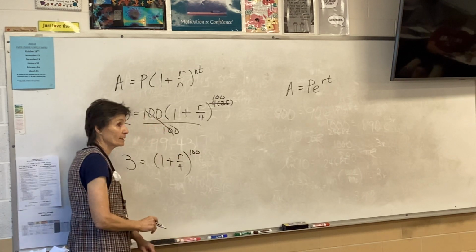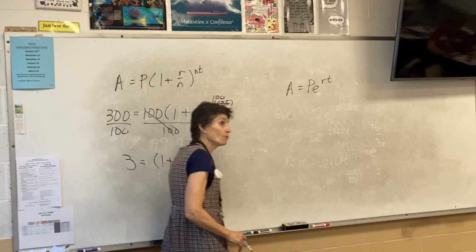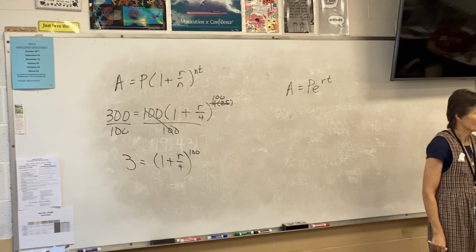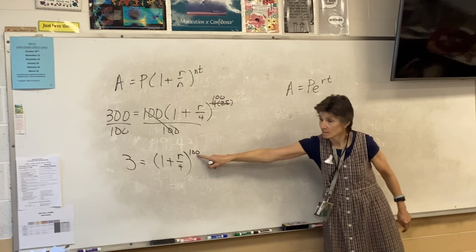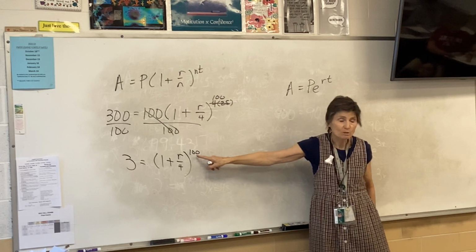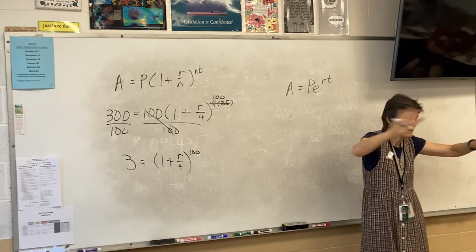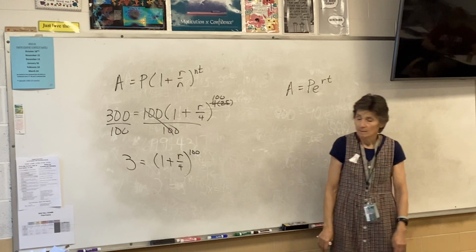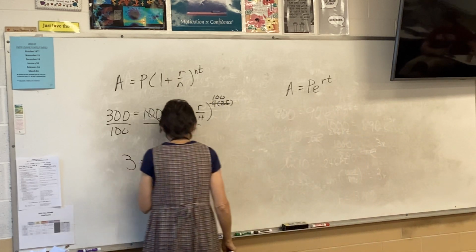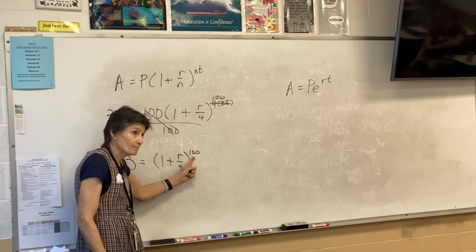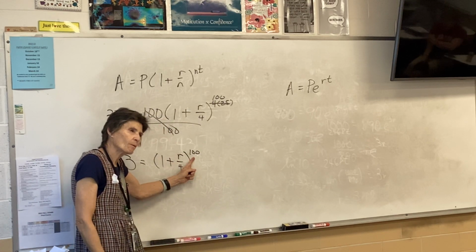Ooh, this one's a little different. Am I going to use logarithms? No. What is the only time I use logarithms? When the exponent is my variable. Otherwise, no logarithms. Don't be doing it. It just makes it harder. But somehow I have to solve for r, which means I need to get rid of that exponent. Any thoughts on how we would get rid of that?